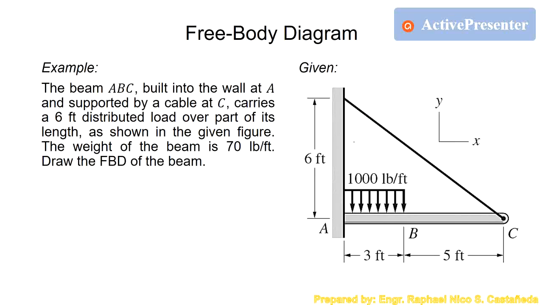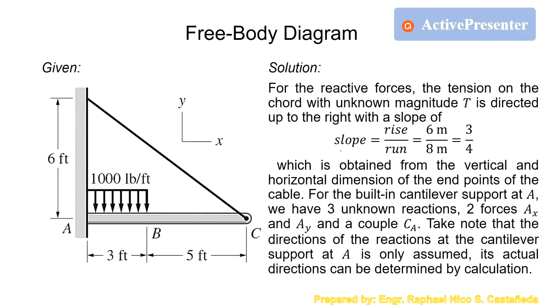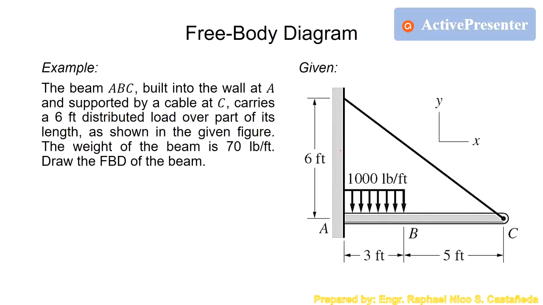So let's have our last, assume this is the last problem, last example. The beam ABC is built into the wall at A and supported by a cable at C, then attached to the wall in this part. This is the cable.